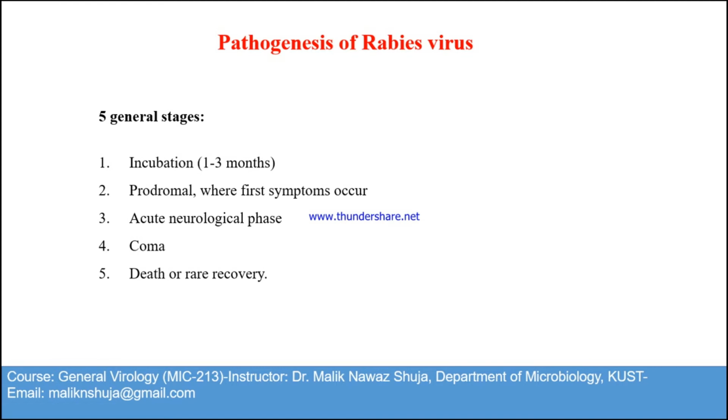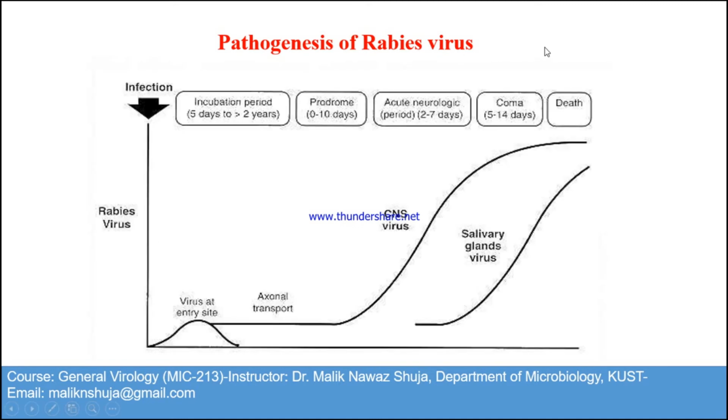Ultimately, it moves toward another stage that is called death. So these are the general stages on the basis of which we can categorize the rabies virus: incubation, prodromal, acute, coma, and finally death. This graph basically shows the stages from the bite till death.